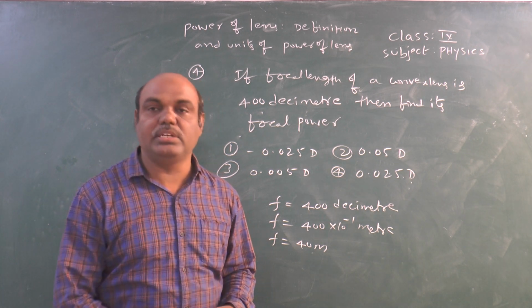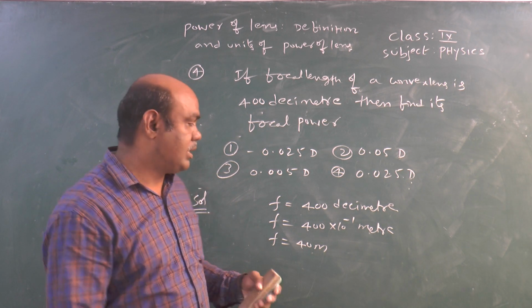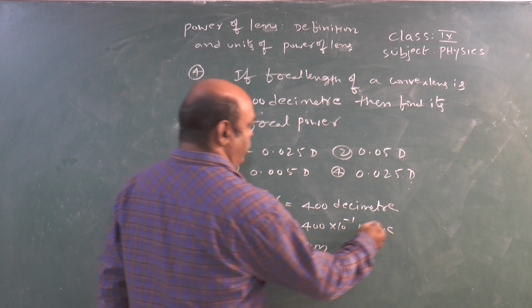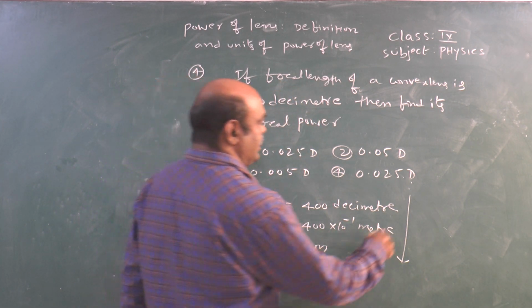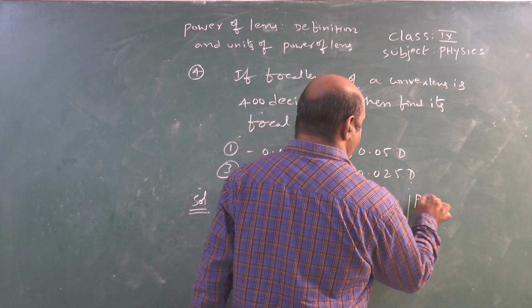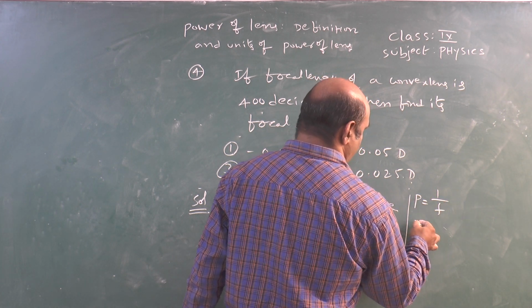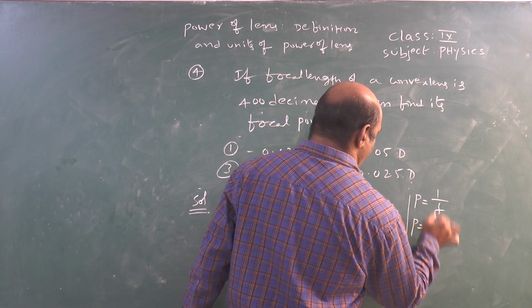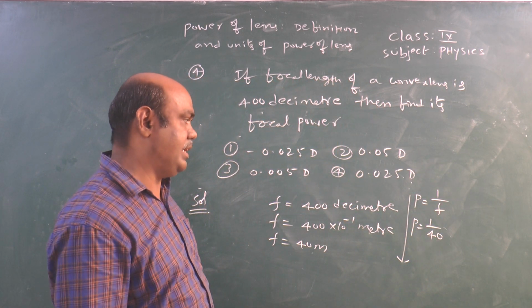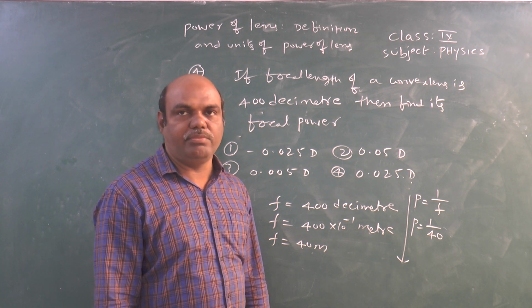Now the focal length is in meters, so the focal power formula is P equal to 1 by f. So P equal to 1 by 40.